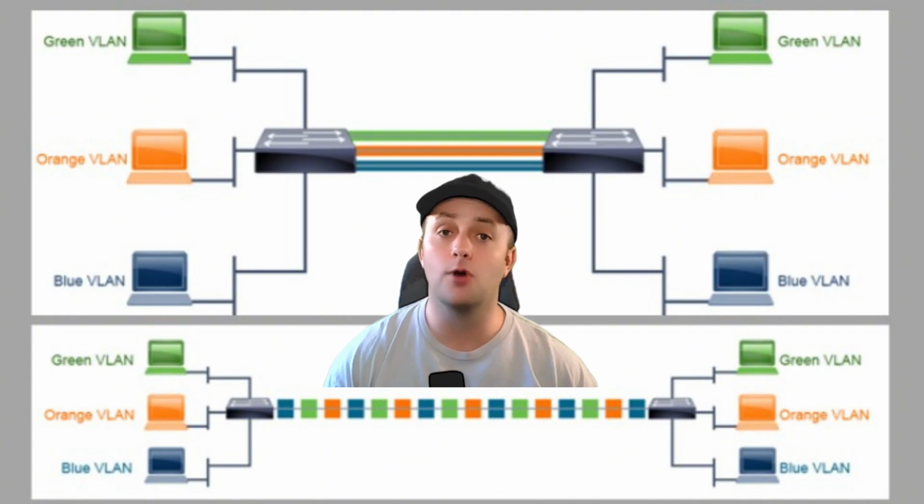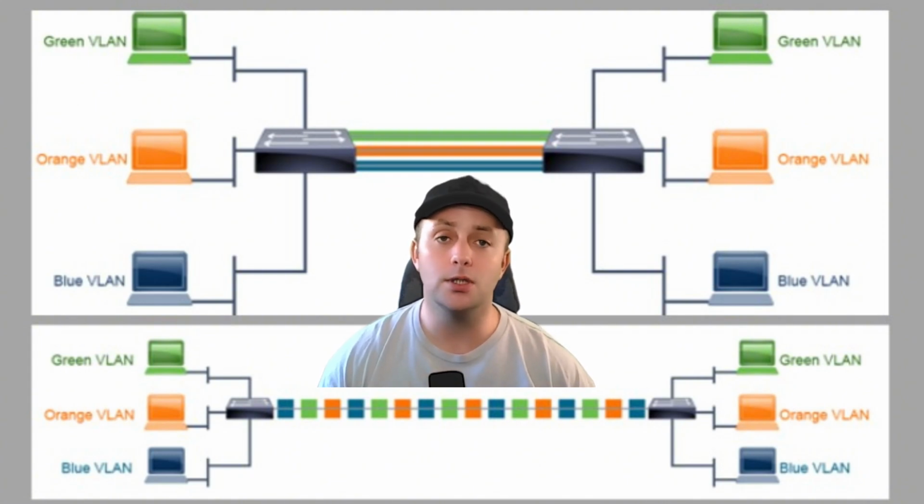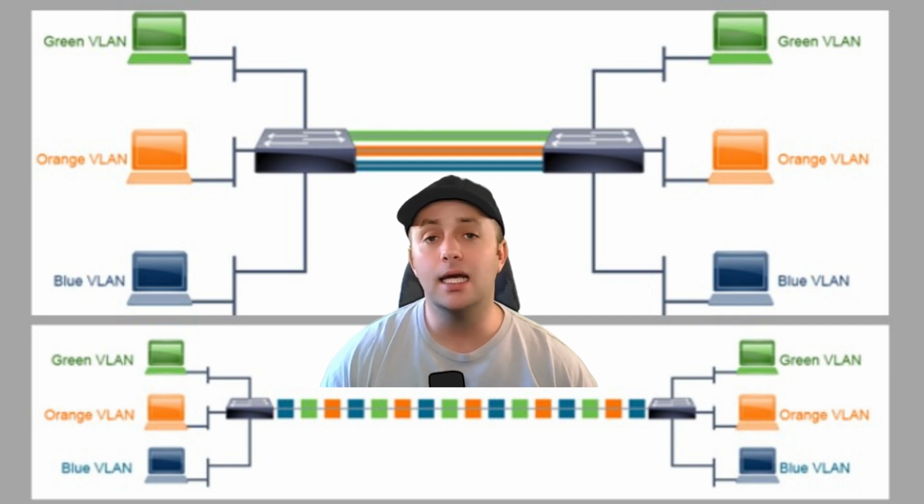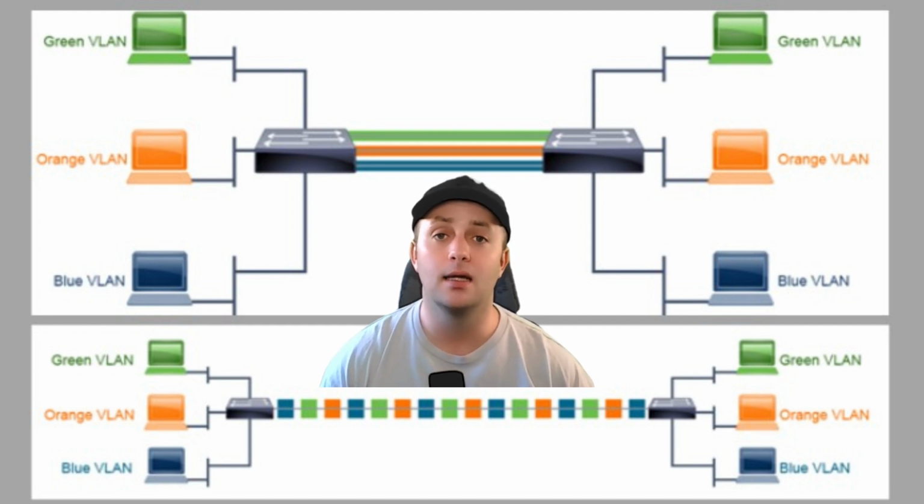There are two main types of switch ports that you should be aware of: access ports and trunk ports. Access ports are used to connect end devices like computers, phones, or printers to a specific VLAN. Each access port can only carry traffic for one VLAN, and the switch tags the traffic with the appropriate VLAN ID.